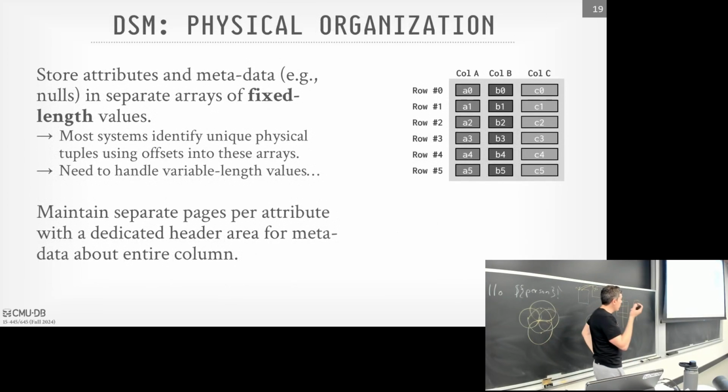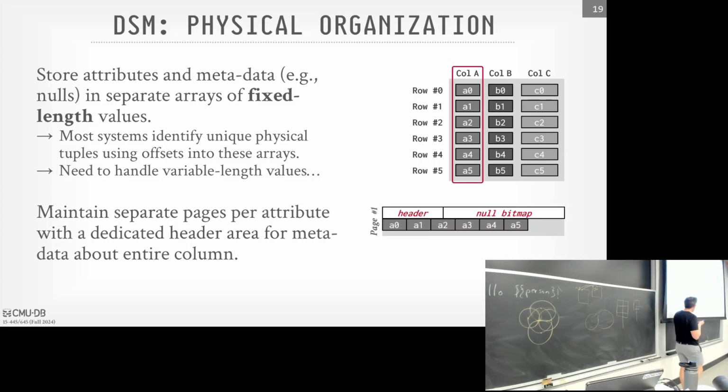If we go back to our simple example, all the values for column A will be stored in a separate page or set of pages. There'll be a header that says what's in this page, some checksums, or whatever else you want to store. There'll be a null bitmap stored in the header as well, for all the values for all the tuples.